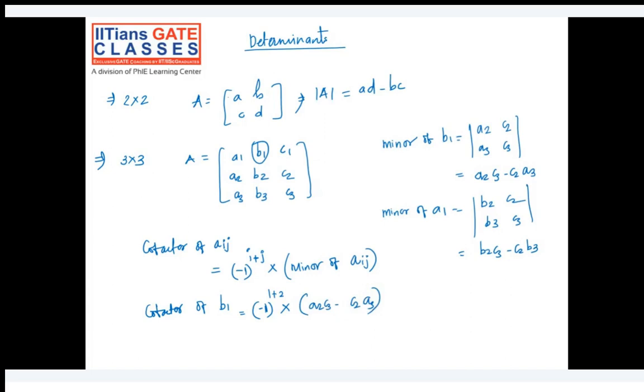So this terminology is used in order to find the determinant of the matrix. So the determinant of matrix A, which is 3 cross 3, I'll repeat again here: A1, B1, C1, A2, B2, C2, A3, B3, C3. Then the determinant of this matrix A is small a1 multiplied by capital A1.